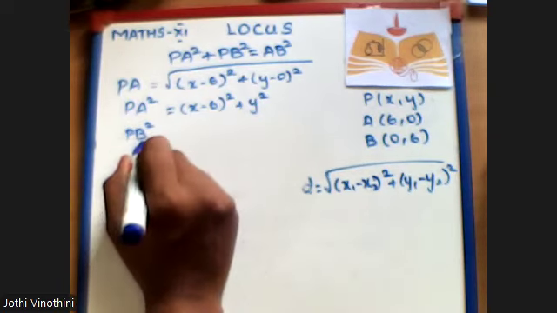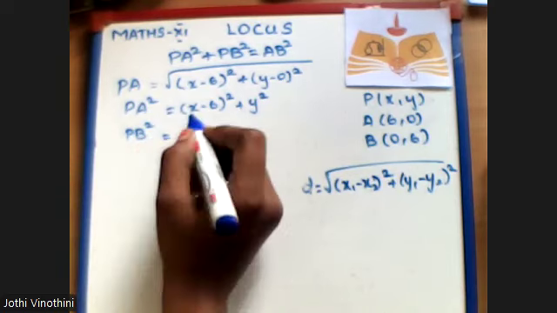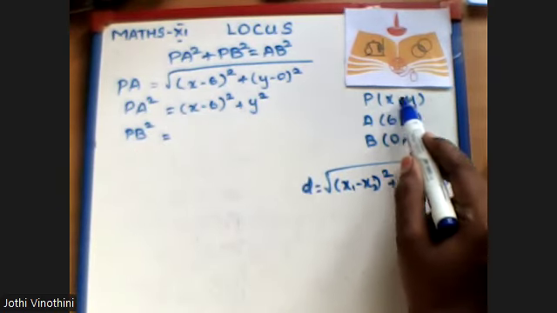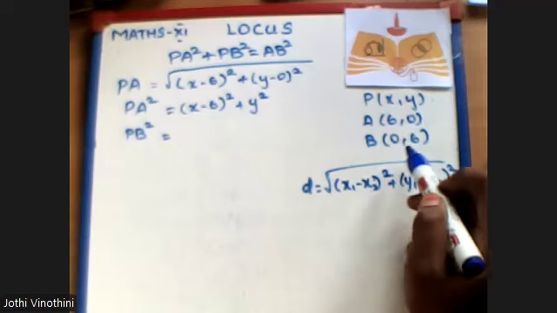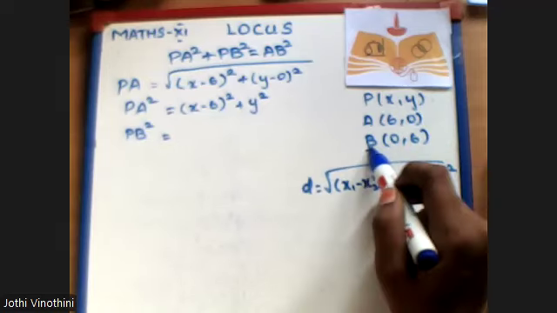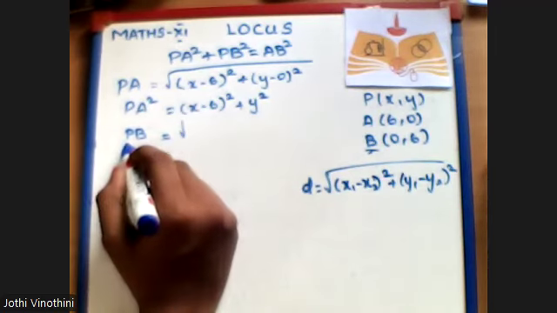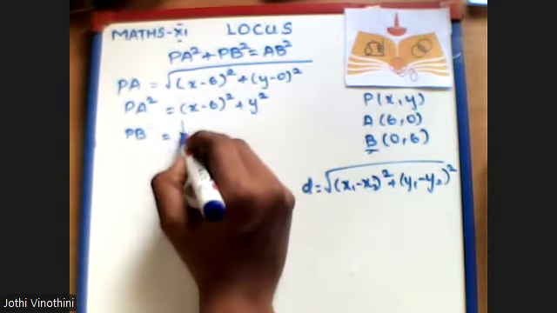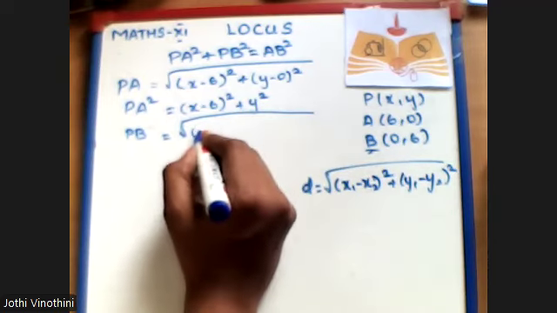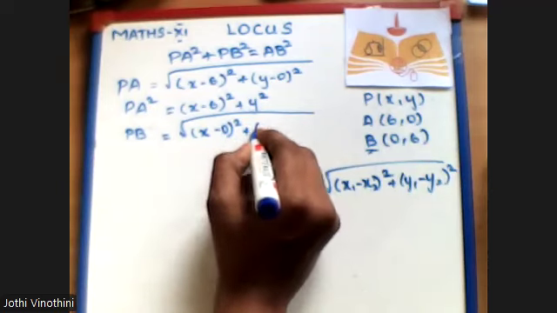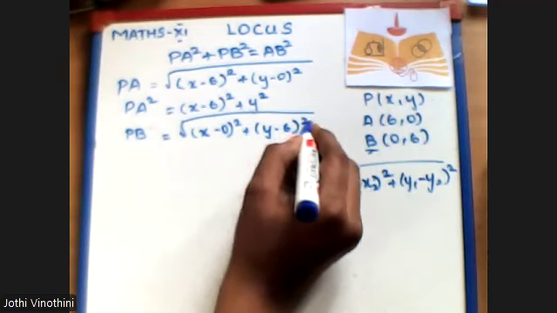Super. So now we are going to find the distance PB, right? That is point P and point B. Which equals, okay, x1, y1 will be again P's coordinates and x2, y2 will be B's coordinates, right? So the distance PB is equal to square root of x minus 0 the whole square plus y minus 6 the whole square.